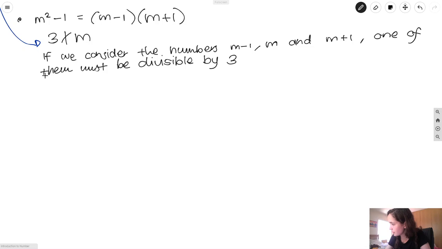So since there are 3 consecutive numbers and we already know m isn't divisible by 3, we know either m minus 1 or m plus 1 is going to be divisible by 3.